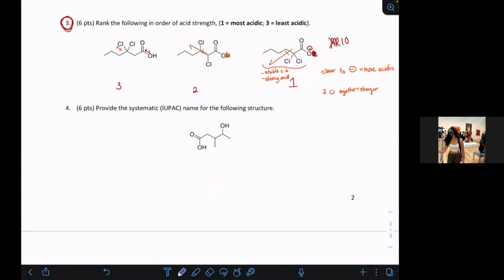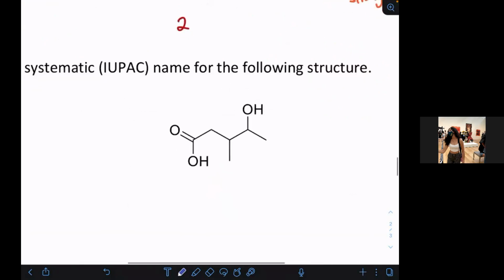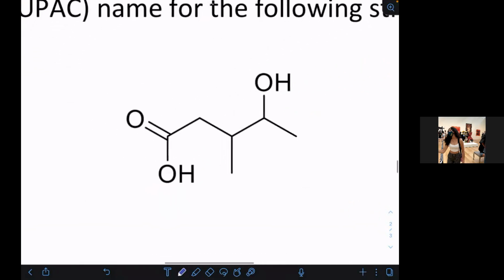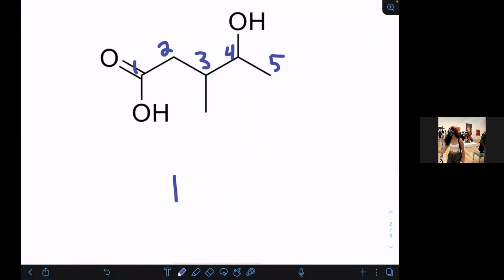So number 4 is the IUPAC name for this one. We'll start at the carboxylic acid, which is carbon 1, and the chain goes to number 5, so pentanoic acid.